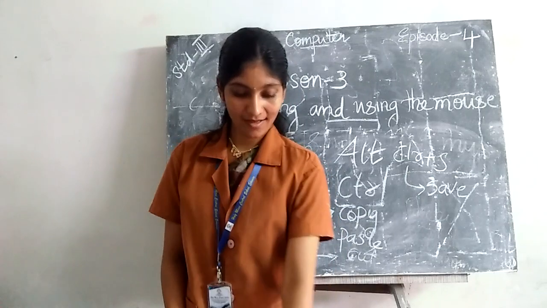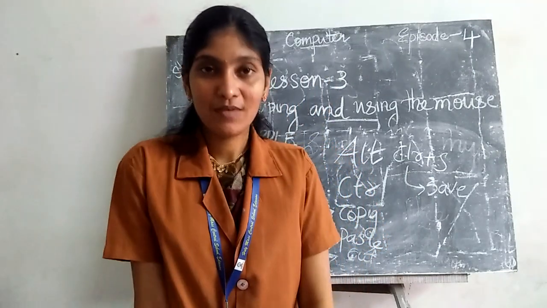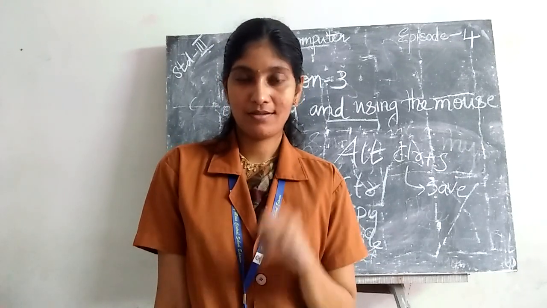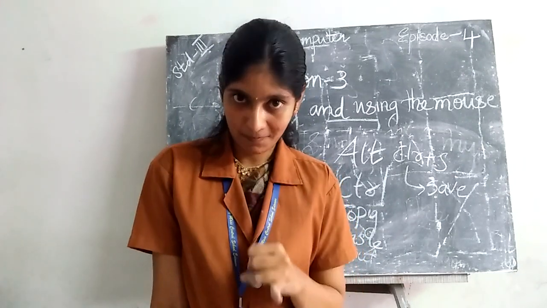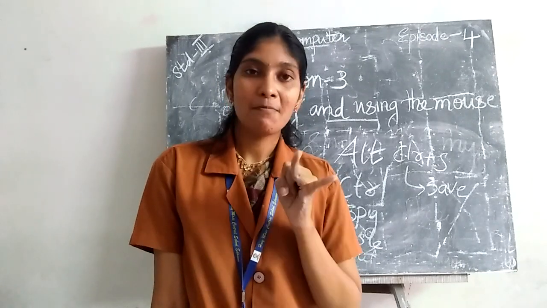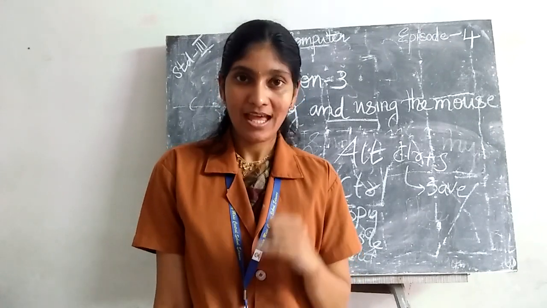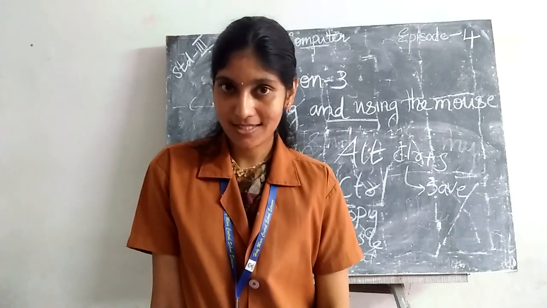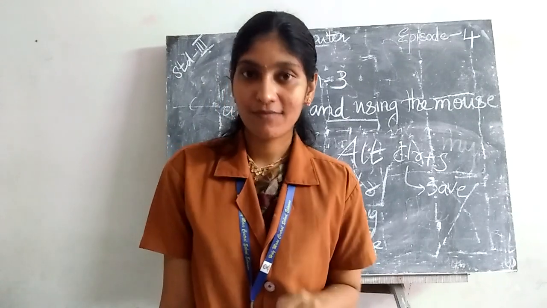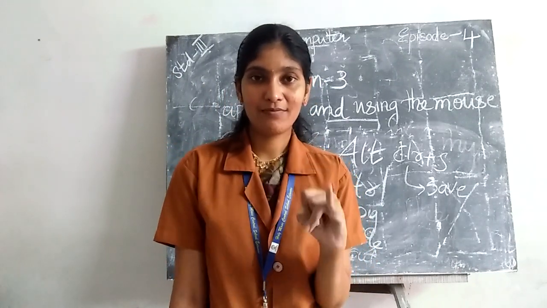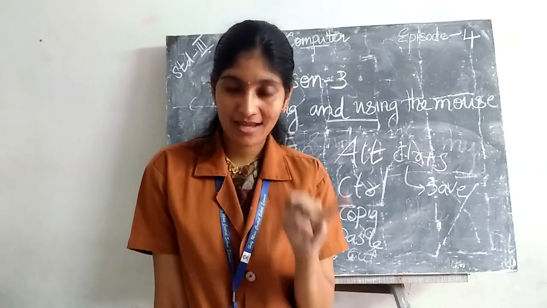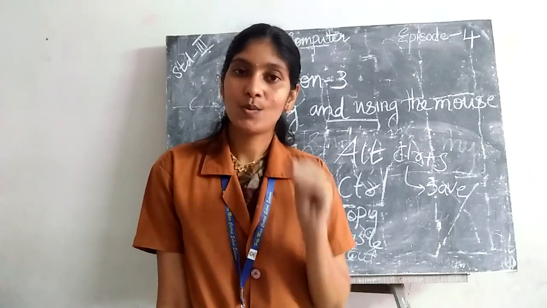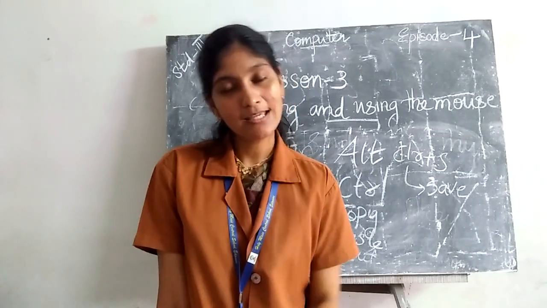So what are the things we have learned today? At first, we learned there are two input devices, keyboard and mouse. The keyboard is used for typing, and the mouse is used for pointing and clicking. And we have discussed some important keys present on the keyboard. First, the alphabet keys. Alphabet keys are the letters A, B, C, D, etc. up to Z. That means there are 26 alphabets on the keyboard.